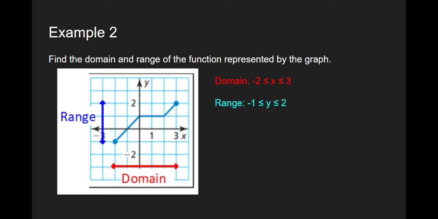So when I look at this graph, my range would be -1 is less than or equal to y, because I have a closed dot where y is equal to -1, and y is less than or equal to 2. Again, I'm using the less than or equal to sign because I have a closed dot. So -1 is the smallest y value on this graph, and then +2 is the greatest y value on this graph. But y can be any number in between those.